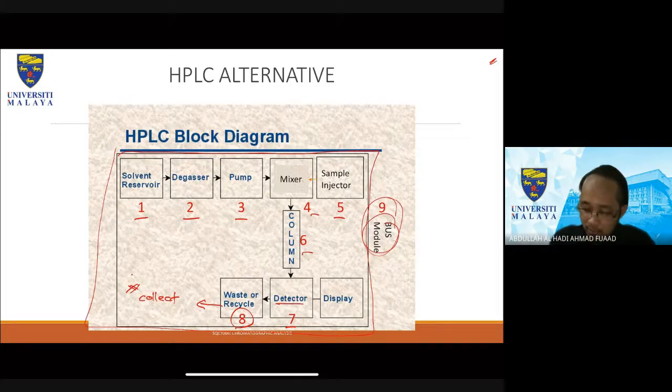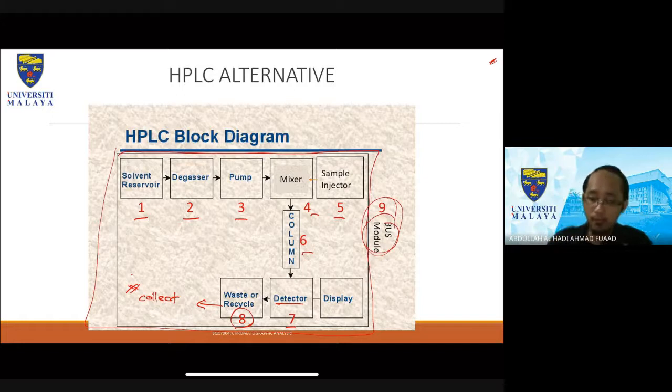depending on the type of the detector, the whole HPLC system can either be a destructive system or a non-destructive system. Destructive means that the sample that you injected in the first place, the sample that you want to check, will, towards the end of the day, be destroyed. For example, a simple example is mass spectrometry.